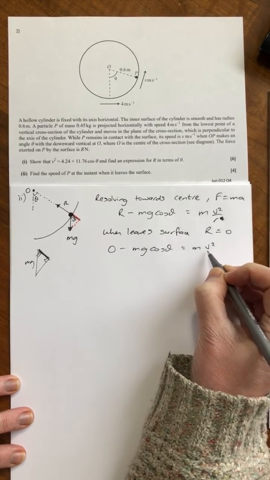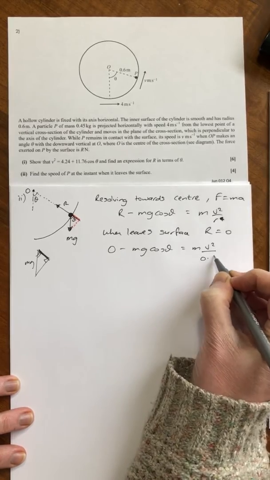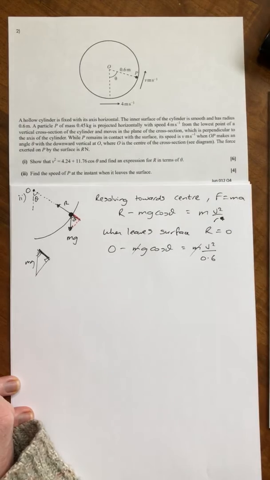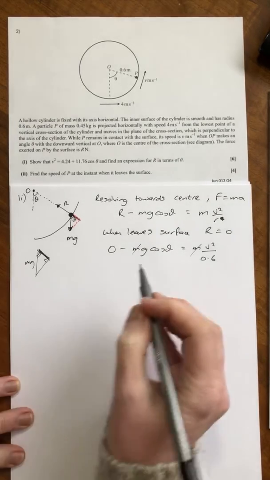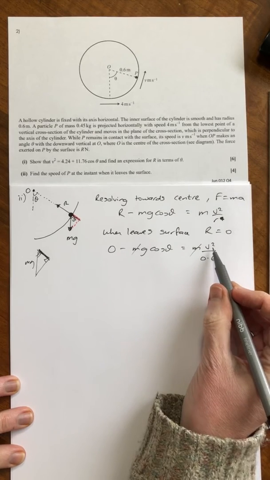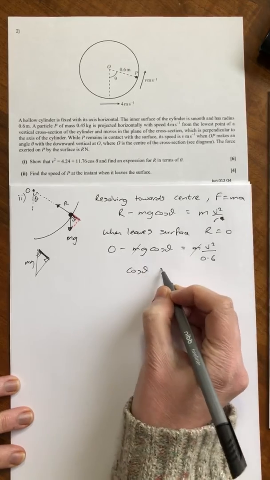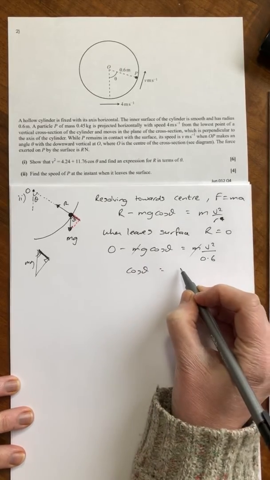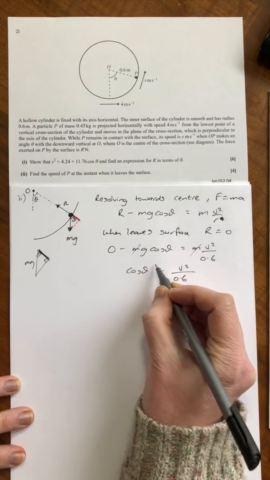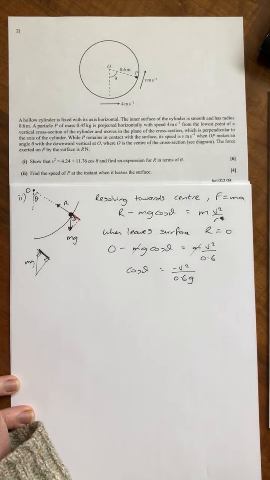mv squared over r, and I think we know r, don't we? Yeah, that's the 0.6. The m's cancel. And I have got g cos theta equals v squared over 0.6. So if I make cos theta the subject, I've got v squared over 0.6 divided by g.